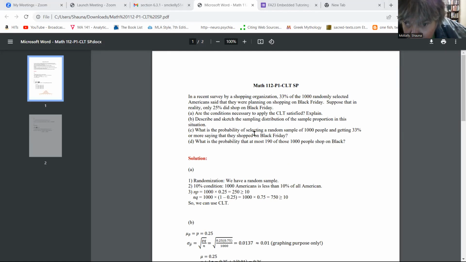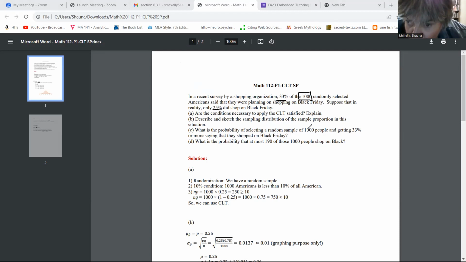Okay, so we have this percentage, and this is why I wanted to do this problem, because this gets confusing for students. We have 33 here. We have 25% here, right? Sometimes we only have one percentage in the problem. This has two. We have this 1,000 here. So what are we talking about?